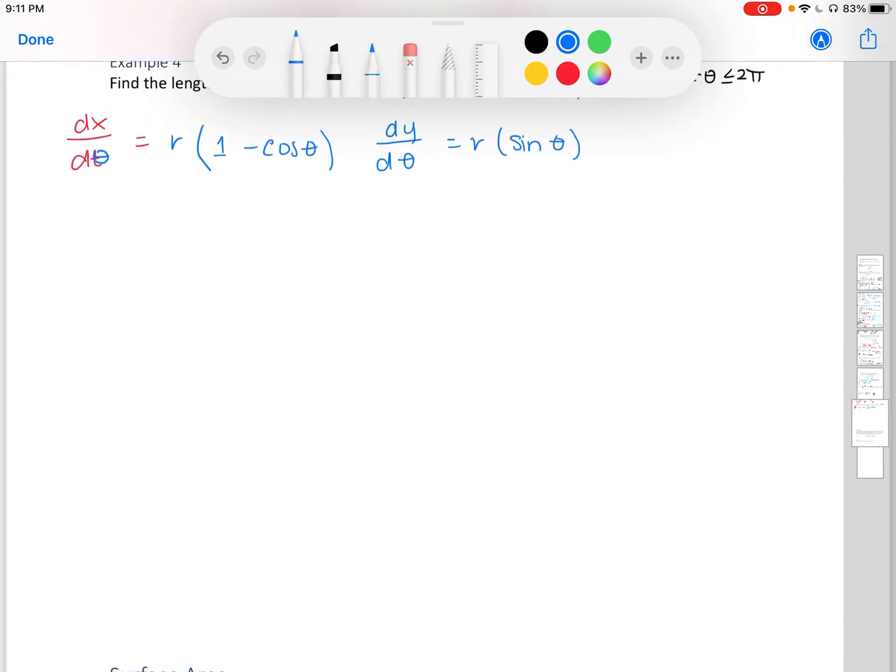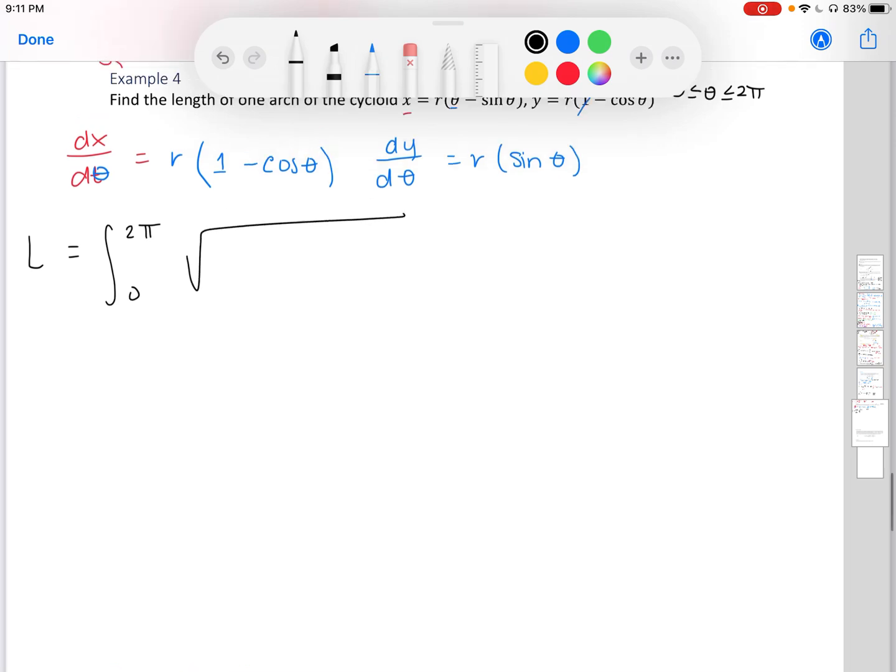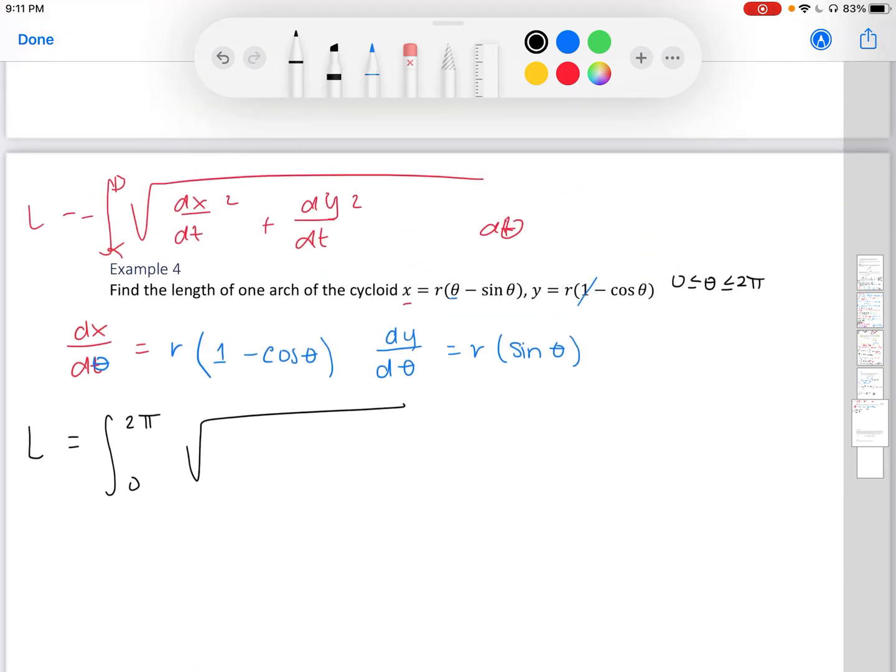So we're left with L is equal to our integral from 2 pi to 0 of the square root of r times 1 minus cosine theta squared plus r sine of theta squared d theta.